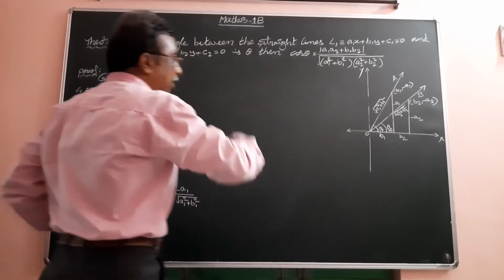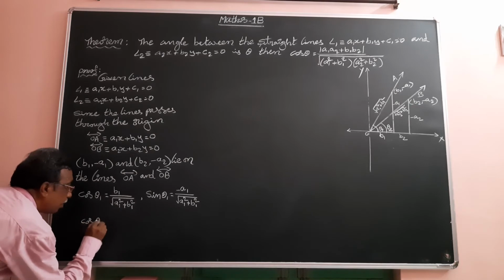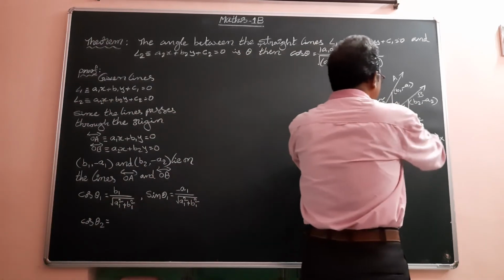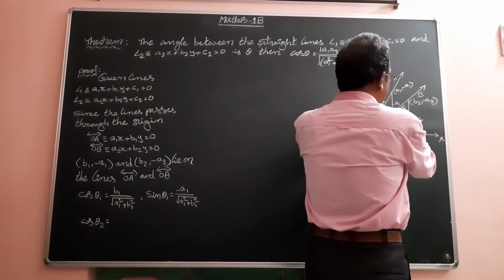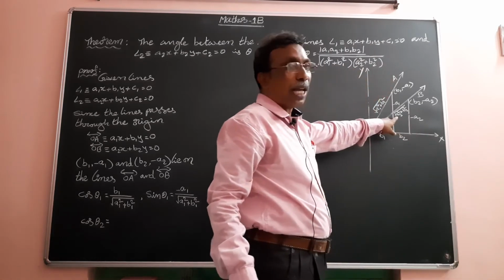Next we take theta 2. Cos theta 2 equal to, cos theta 2. Theta 2 is the second right angle triangle. This is 90 degrees, opposite is the hypotenuse. Hypotenuse is root of a2 square plus b2 square.